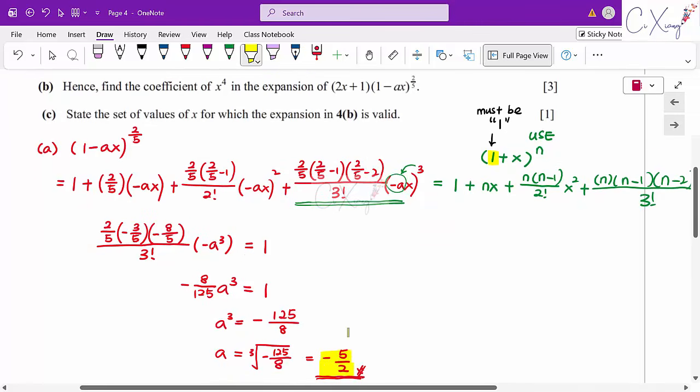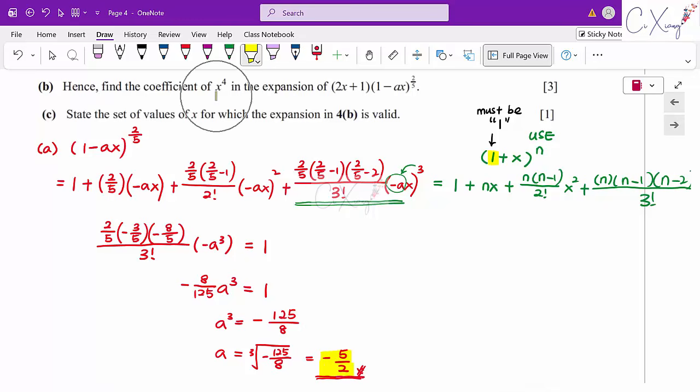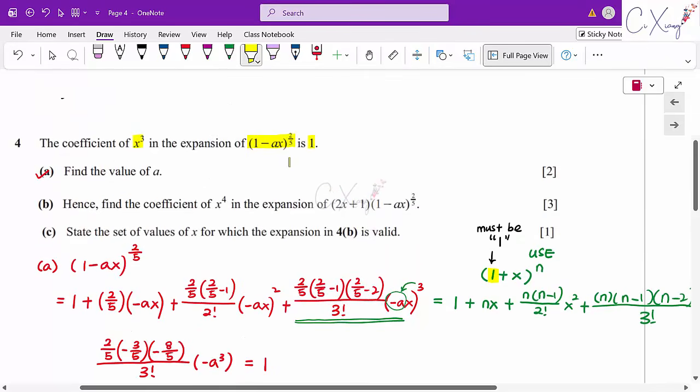Okay, then continue to part number B. Hence, find the coefficient of x power 4 in this particular expansion. All right, so they want to extend it and make it bigger, where you take your first bracket in the first part, multiply it together with 2x plus 1, and they want to get the coefficient of x power 4.